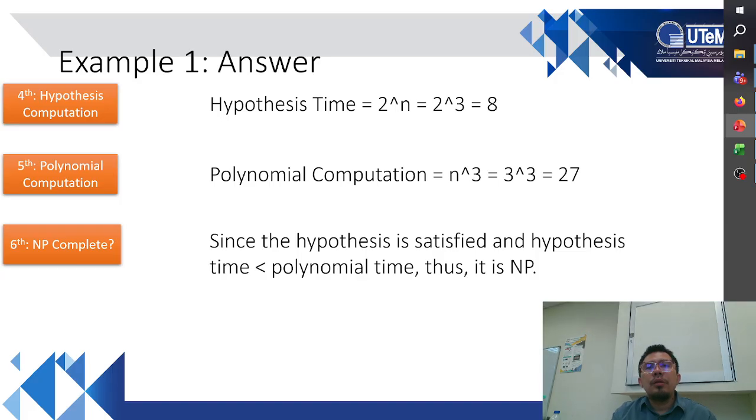The formula is n power of 3, where n is the input, 3 power of 3 is 27. As we can see here, the hypothesis is satisfied because we got true in the output, and the hypothesis time is less than the polynomial time, so it can be considered as NP. Okay, that's all. Any question?